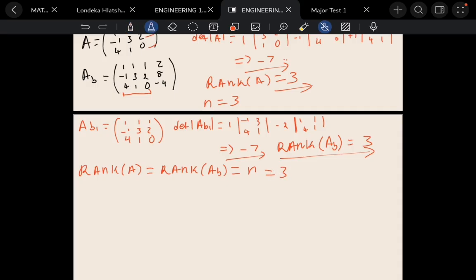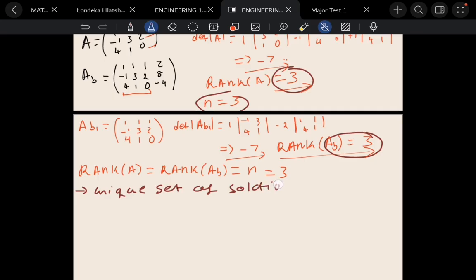Because the rank of A, the rank of AB and the number of equations are all 3, here we have a unique set of solutions. Right.